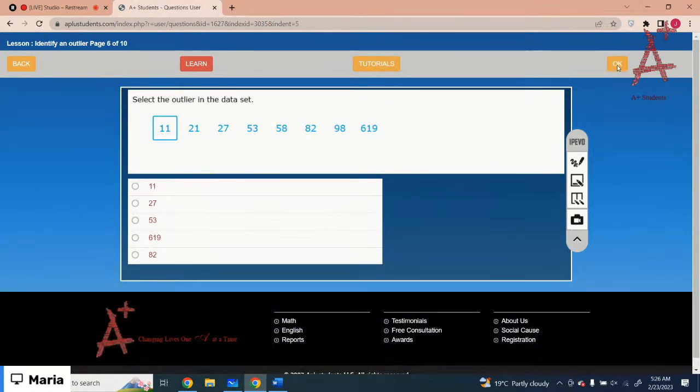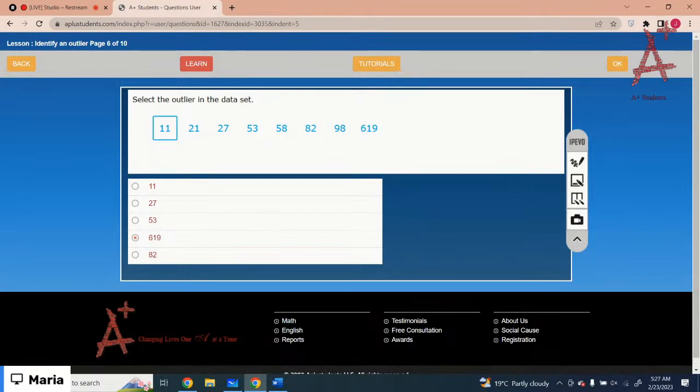Select the outlier in the data set. So which is the outlier? Yes, 619 is the outlier.